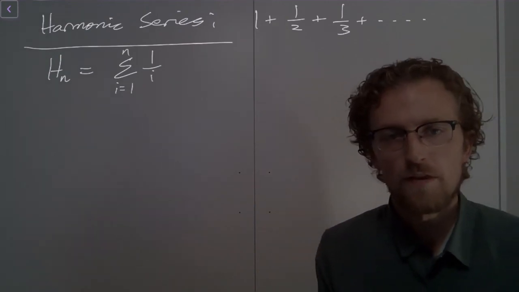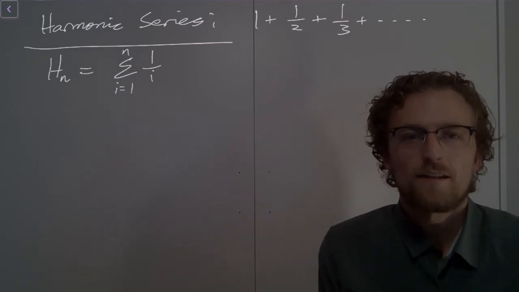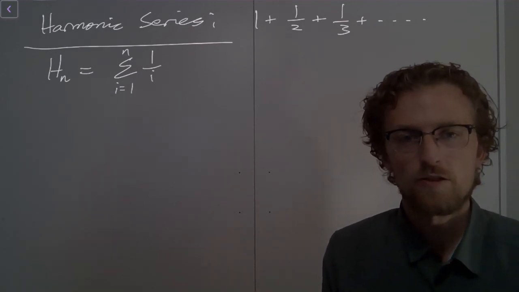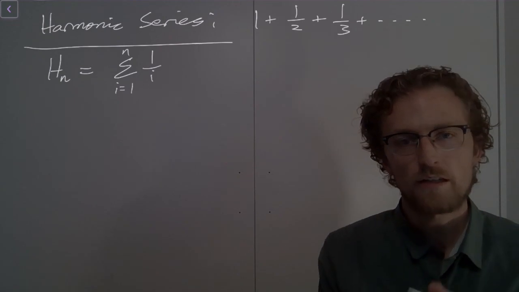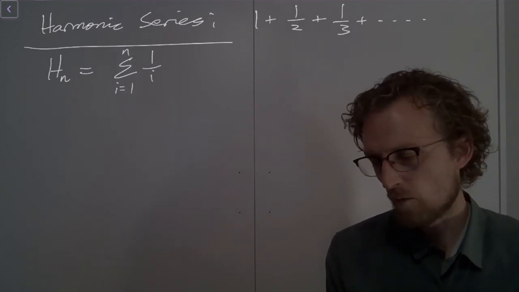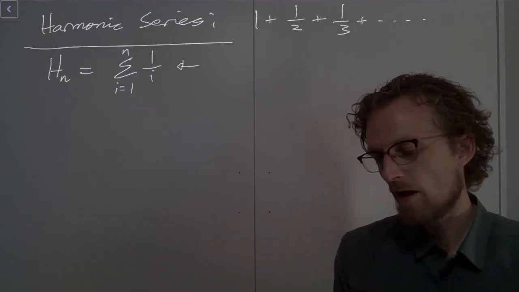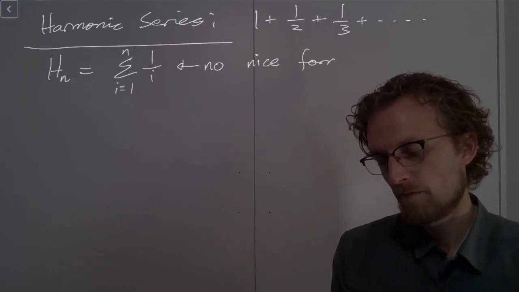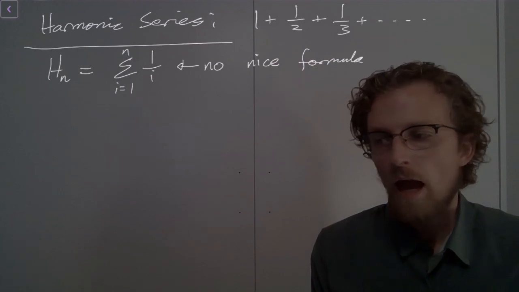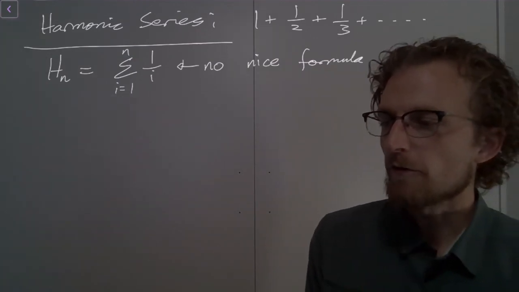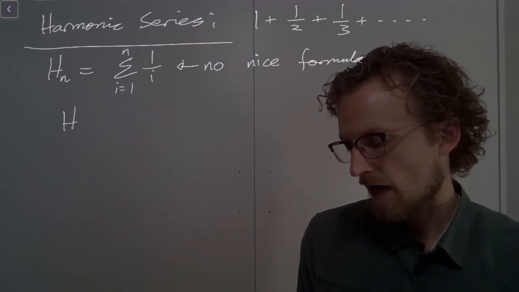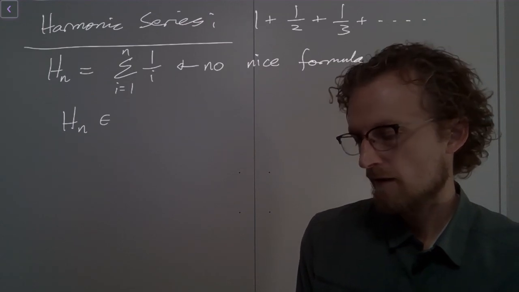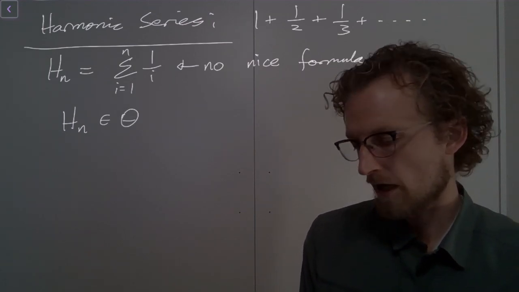And it turns out that this doesn't lend itself to a nice formula. It's not like the geometric series where we get this really nice cancellation and stuff that works out nicely. So I'll just say no nice formula. However, it turns out that Hn is big theta of log n.